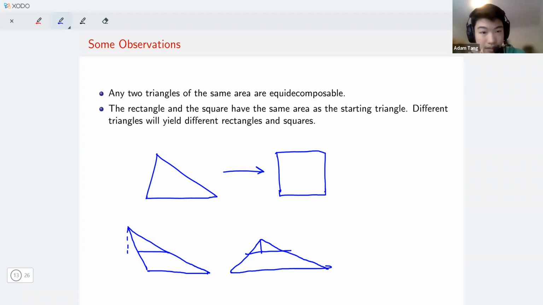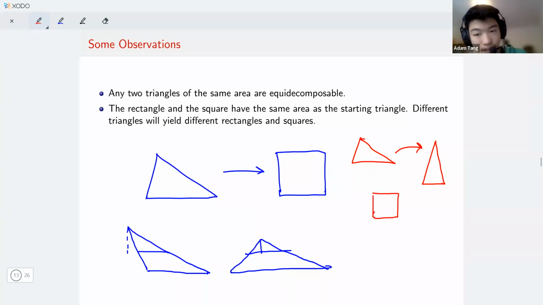Now there's another observation: what if we have two different triangles? They have the same area, but they're not congruent. Well then, how do we turn this into this? We can turn the triangle into a square of the same area, and then we can turn that square into a triangle. This part is possible because equidecomposability is actually mutual.